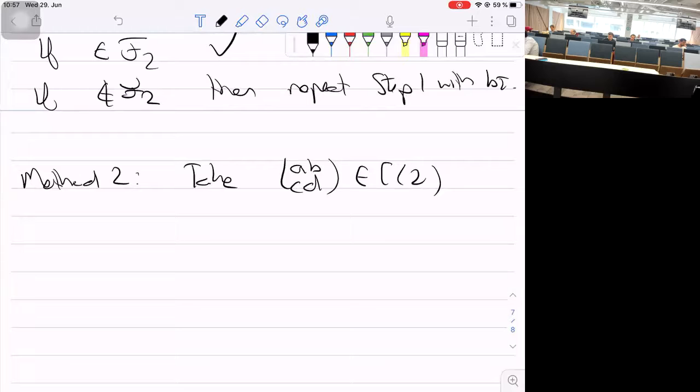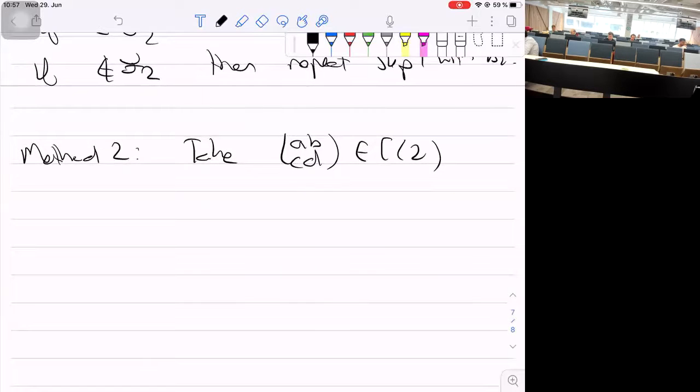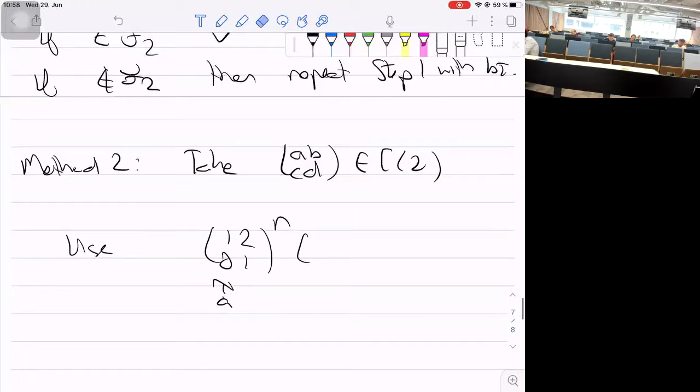I won't go through the explicit details, but I'll give you enough of an idea that you can make it go yourself. We act on the left with some power of the first generator. Okay, I have bad notation: I have A as a matrix and a as a coefficient.